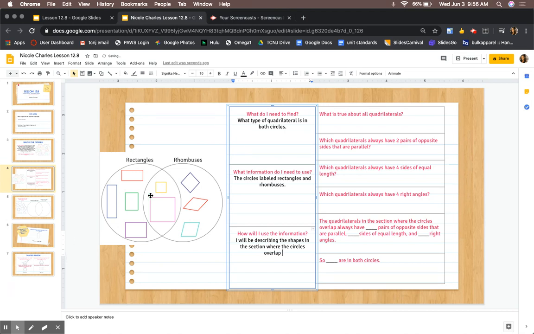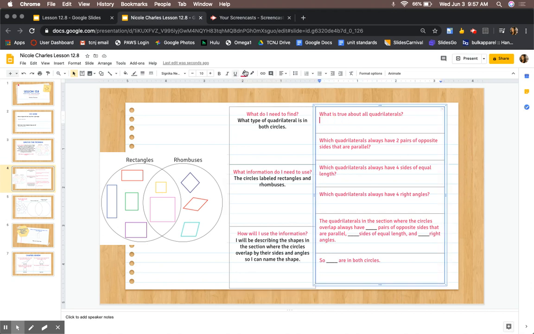And what are we going to be describing them by? Their color? Their size? Their shape? So we could say by their sides and angles, because that's how we identify shapes. So I can name the shape. So it says, how will I use this information? I will be describing the shapes in the section where the circles overlap by their sides and angles, so I can name the shape.